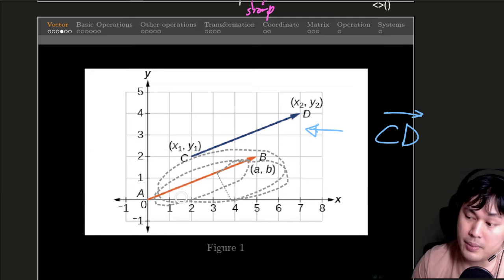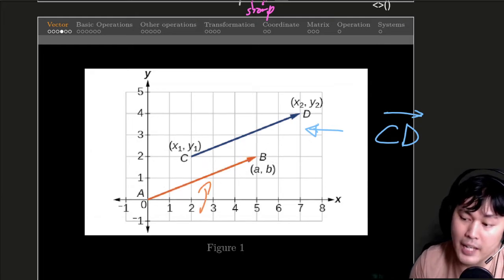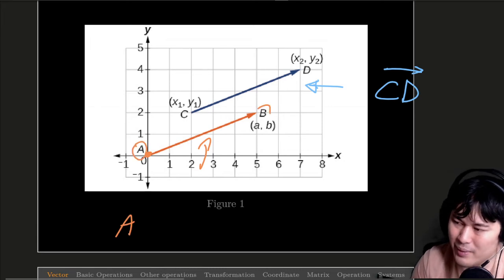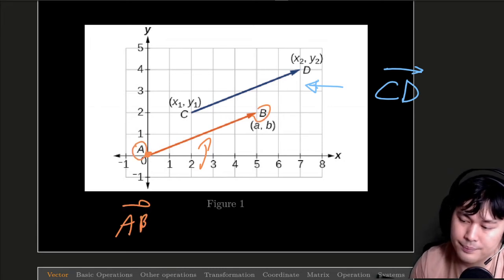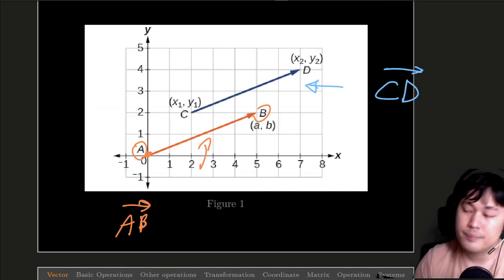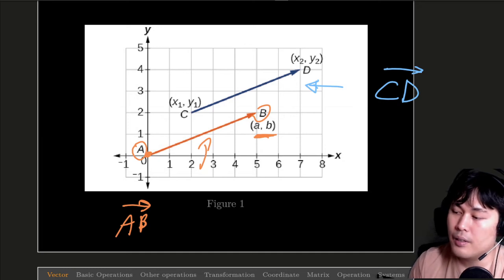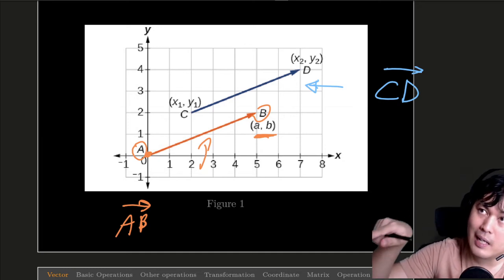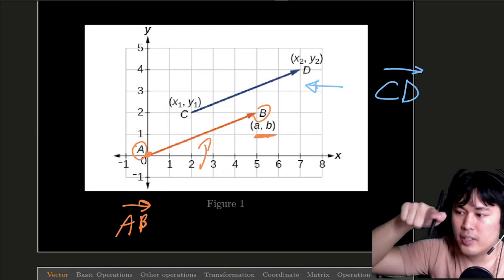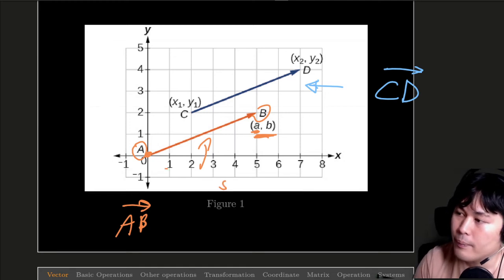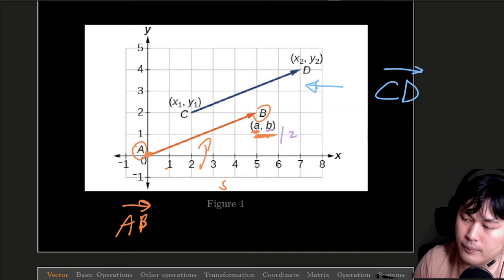And then we have another vector B. This is the vector where we start from the origin and end at the point B. On one hand, you can think of it as this origin is A and B. But on the other hand, since A is the origin, this coordinate A and B also describes how many blocks you move in the horizontal, and you move 5 blocks to the right, and you move 2 blocks up in the vertical place.